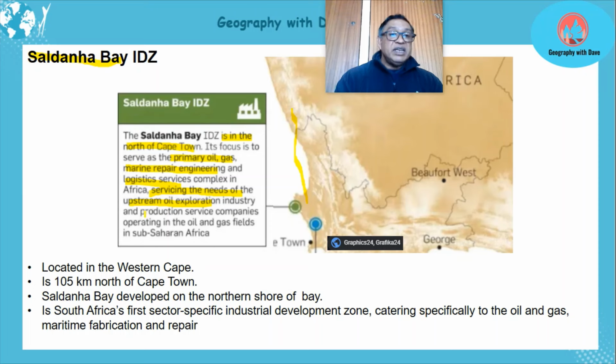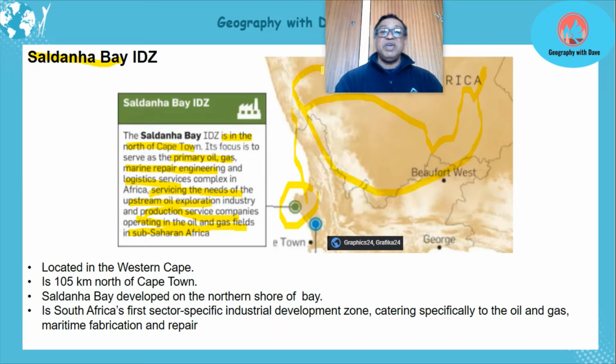And industry and production services companies operating in the oil and gas fields of sub-Saharan Africa. So it's in a very strategic point, to serve sub-Saharan Africa, going up and up, around everywhere down here. It serves them. So it's quite strategic in that sense.